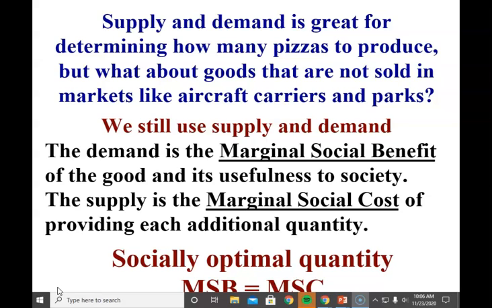We still are going to use supply and demand. The demand is going to be referred to as the marginal social benefit, and supply is going to be referred to as the marginal social cost.